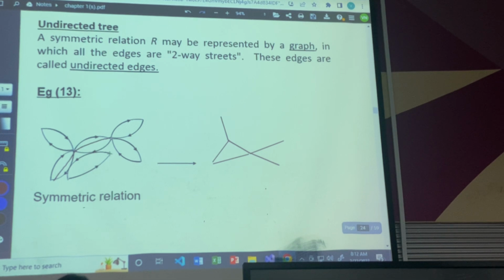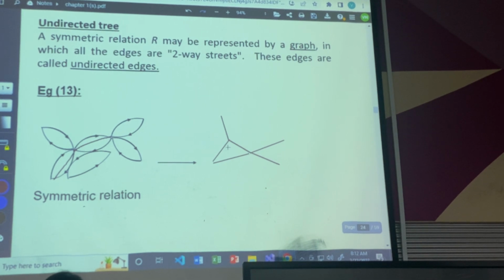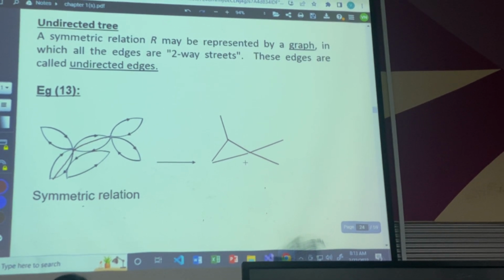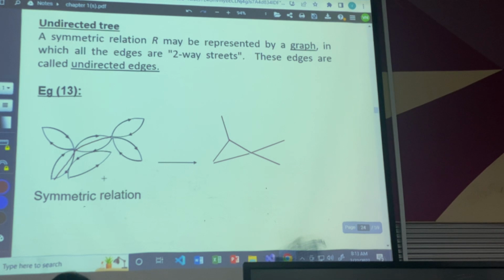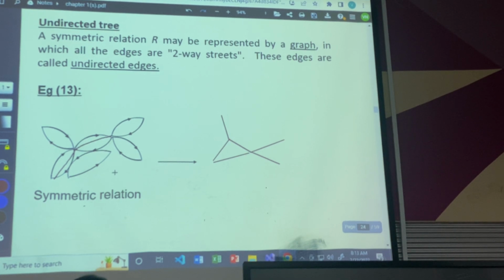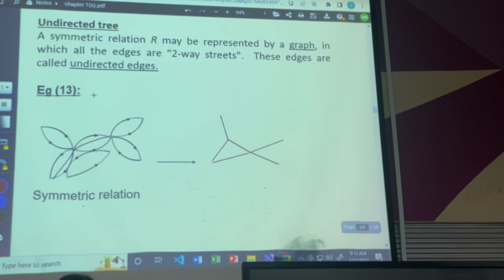Okay, if you follow the two-way relation here and replace it with a line, you will see that it will roughly become the undirected graph like this. So the line here shows a two-way relation. This is another term that you have learned, symmetric relation, right? Still remember symmetric? Two-way relation, right? So this is what is shown in the graph here.